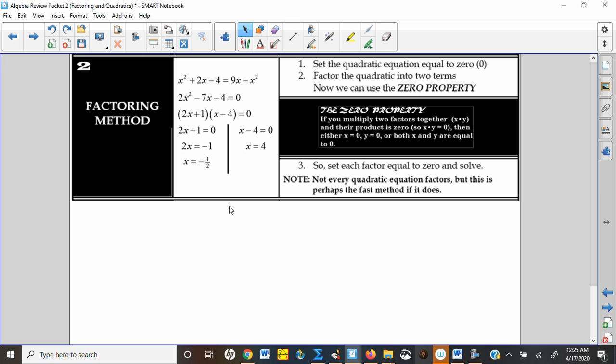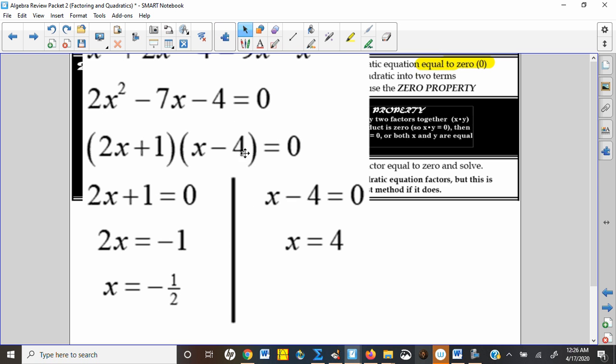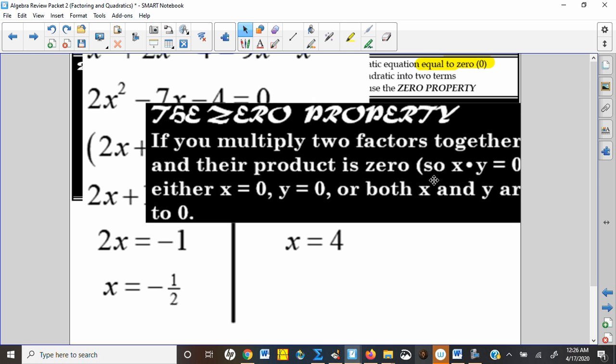And so then this is the method that I'm totally trying to get you guys to use. This is called the factoring method. So first thing, you'll see this on almost all of these methods from now on out. Set it equal to zero. You gotta set it equal to zero, okay? Once you set it equal to zero, you can see if you can solve what remains there. And then each one of those, see, now we're using what's called the zero property, okay?